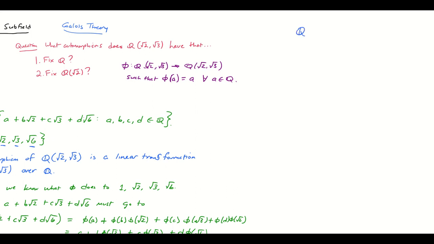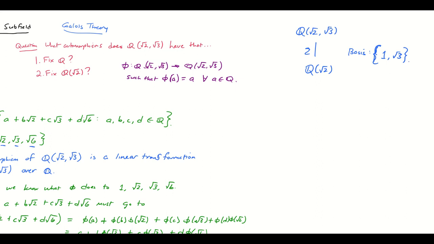So this time we're thinking of Q adjoin root 2, root 3 as a field extension of Q adjoin root 2 of degree 2, which means it is a vector space of dimension 2, and a basis for it would be the set 1 and the square root of 3.